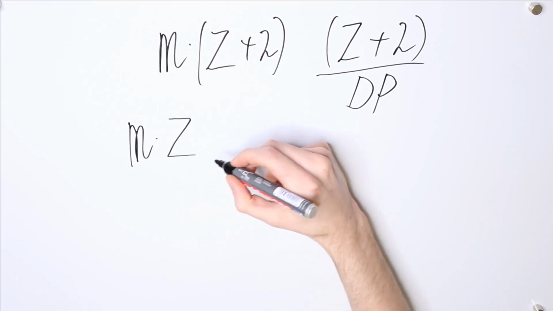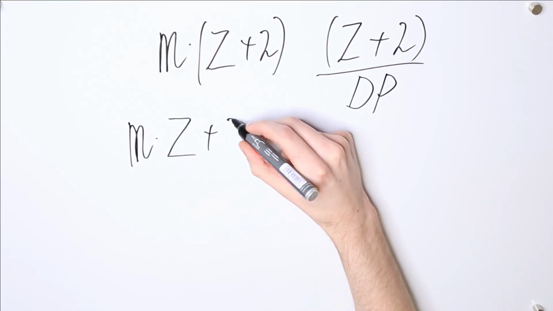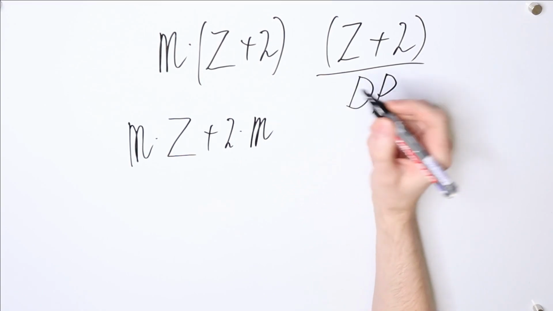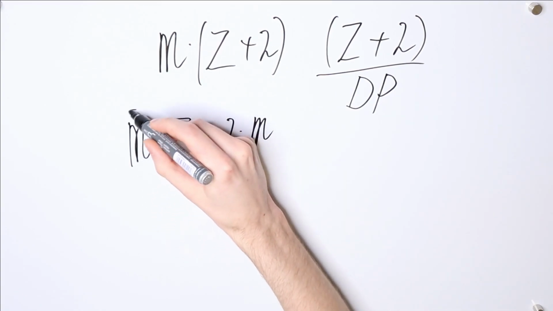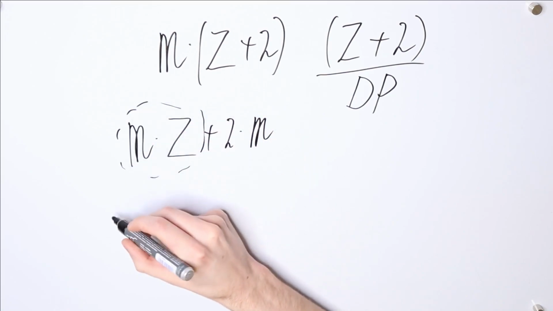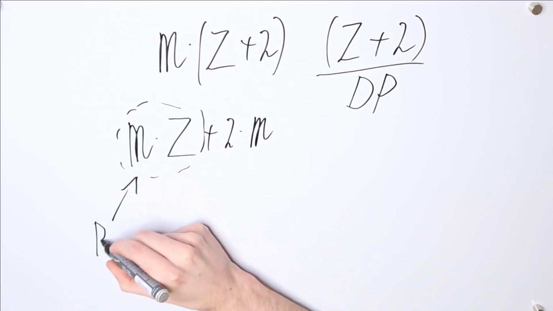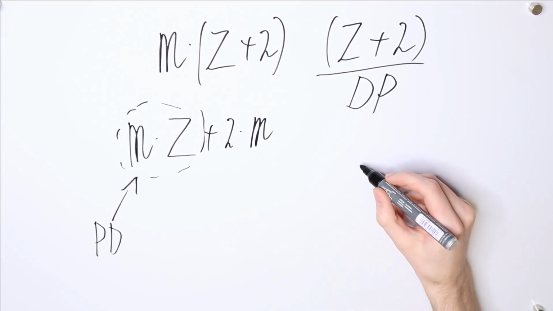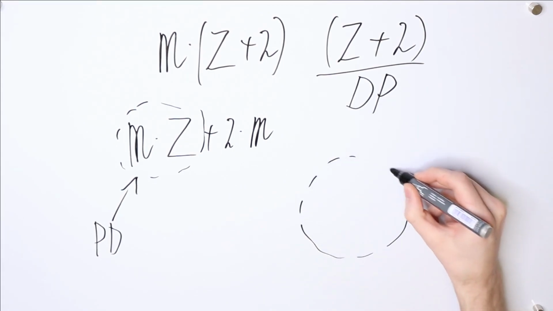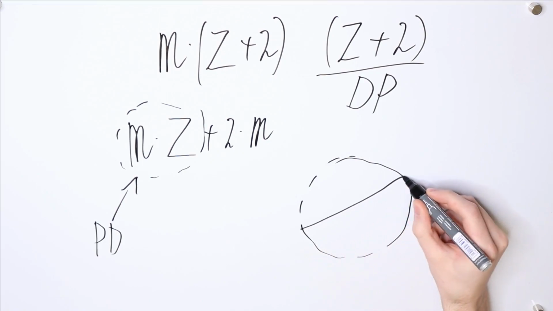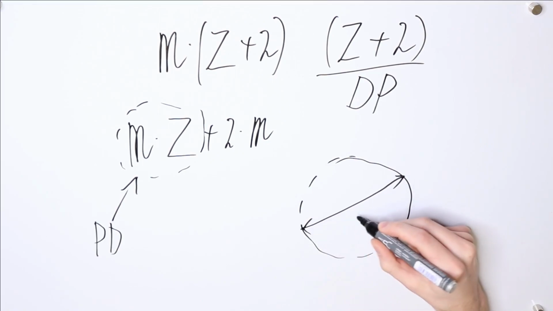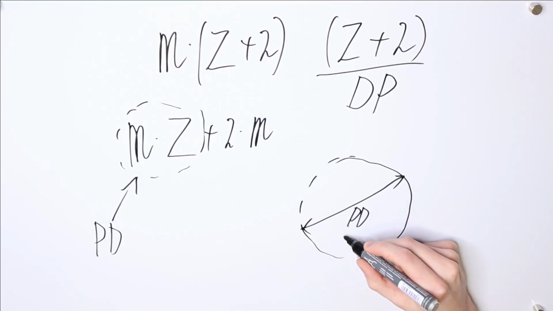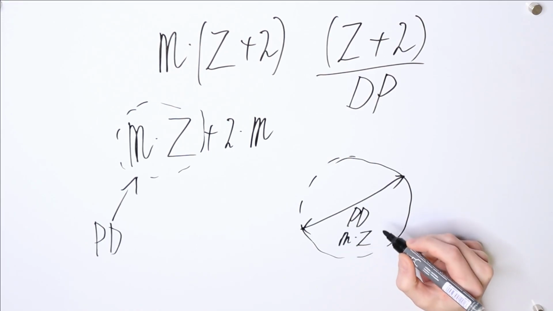So you get the module times the number of teeth plus 2 times the module. And the nice thing about this is that this thing over here is simply the pitch diameter. And so if you look at a gear, what you essentially have is a pitch circle with a diameter of the pitch diameter, which is the module times the number of teeth.